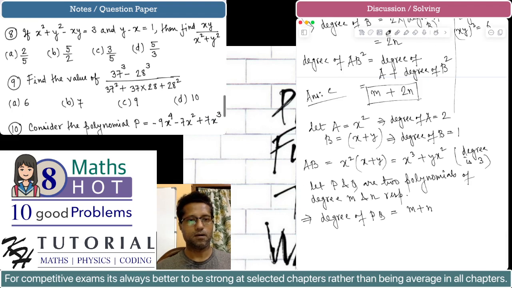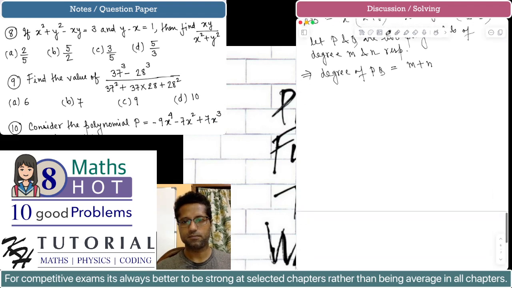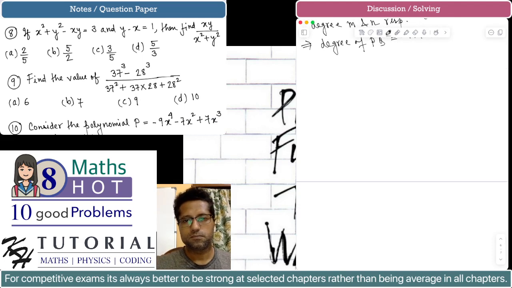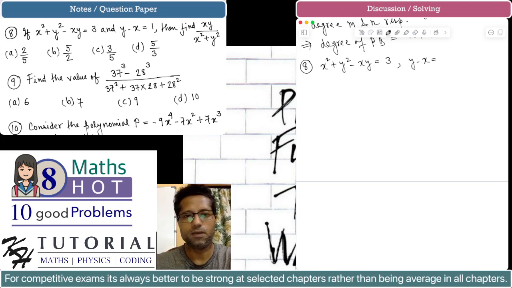Okay, let's do problem number 8. It is given that x square plus y square minus xy is equal to 3, and also y minus x is given to be 1.